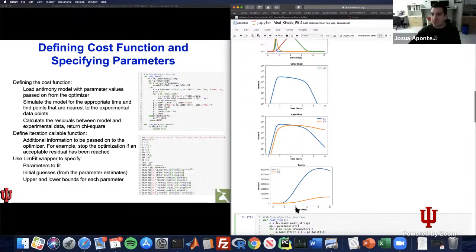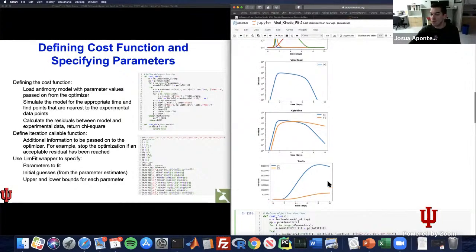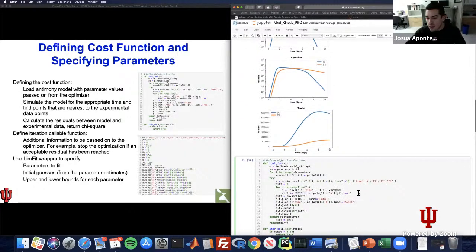Yes. But in principle, we could also fit this one to the data as well. We could fit two instead of just one, right?